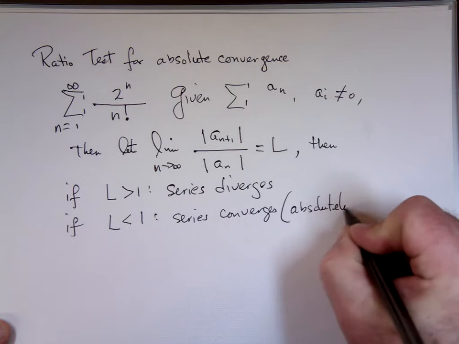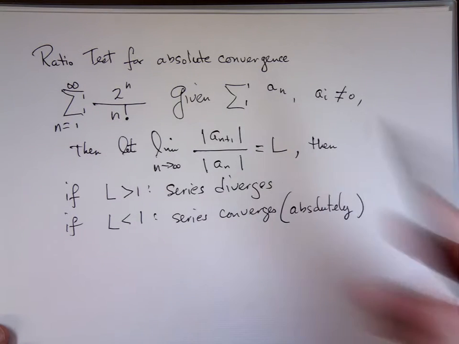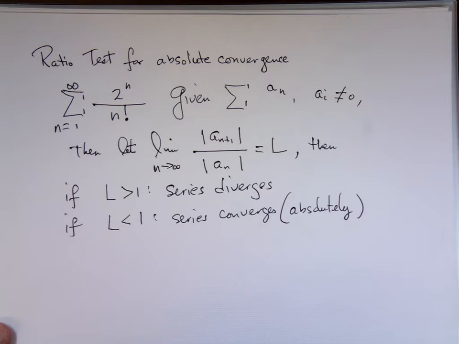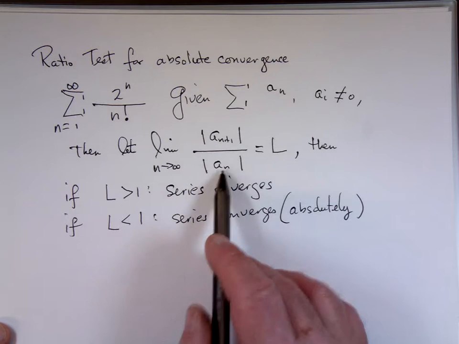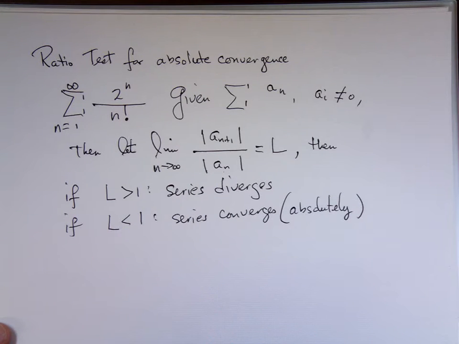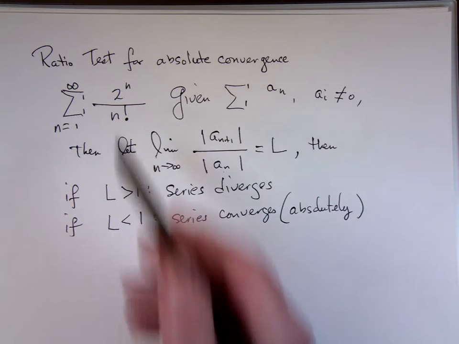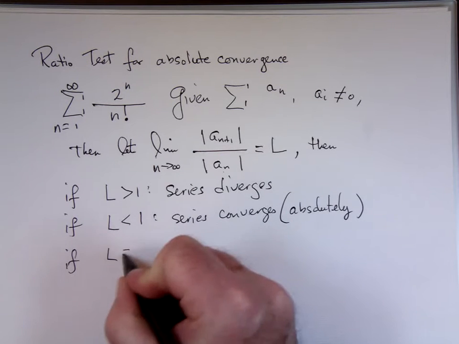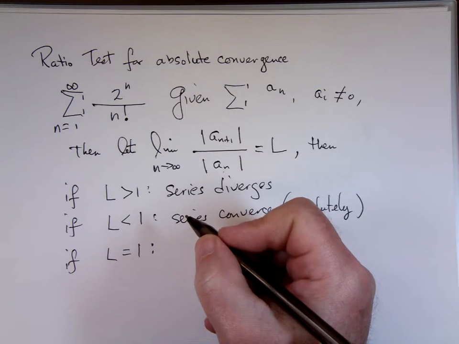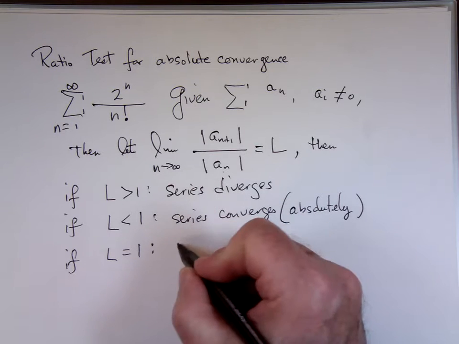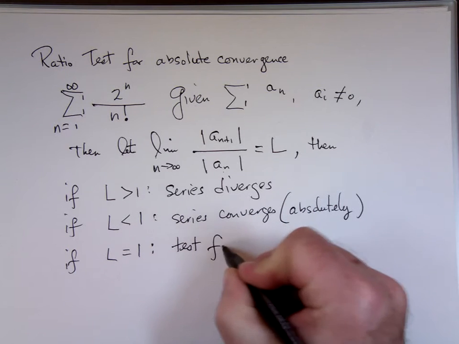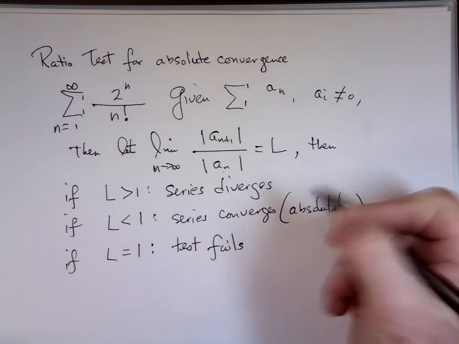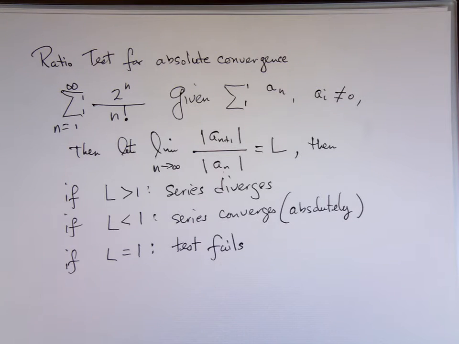If this is an alternating series, which is legitimate as long as the terms aren't zero, that will have absolute convergence because we're doing the absolute values. We're testing their positive series. If they're not an alternating series like this one here, it's just simply going to converge. If L equals 1, the test fails. You can't use it. You have to do something else.